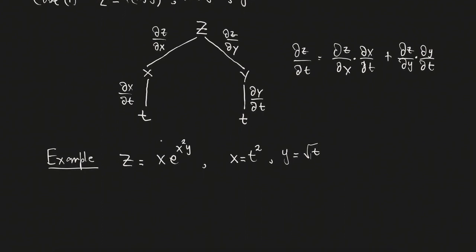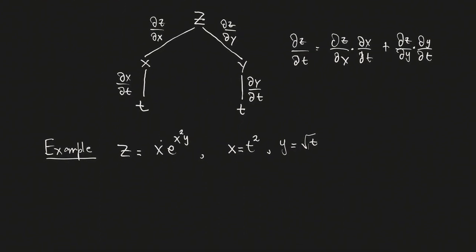And then I will do the same problem in an alternative way, which you might say is definitely the easier way to do it, but I want to show you that we end up with the same result. Hopefully it will start to solidify the understanding that we can't treat these as fractions. Okay, so here's our method 1, using the tree diagram and this formula that I just stated.